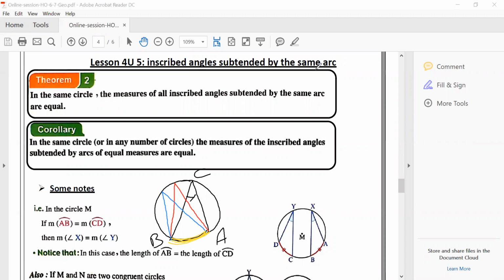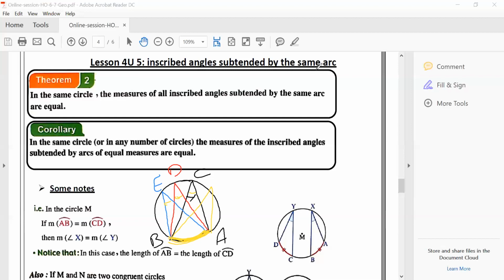As we see here, angle ACB وangle ADB and angle AEB, all of them subtended by the same arc AB. So all of them are equal in measure. Angle C equal angle D equal angle E. And if I have another one, it will also be equal. So if you have any number of inscribed angles, if they are subtended by the same arc, all of them are equal in measure.